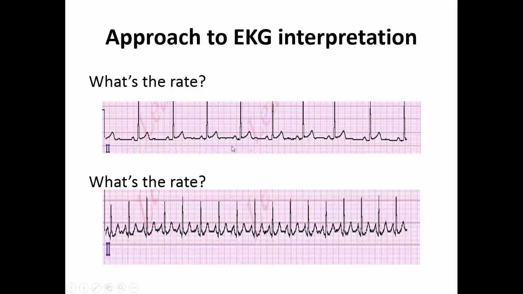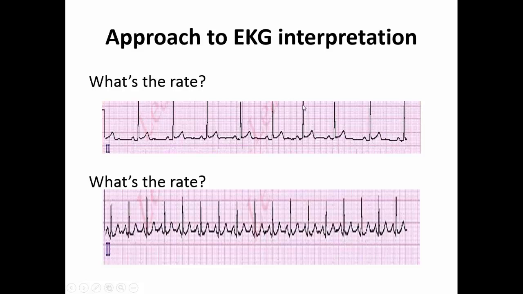So let's take a look at this top strip here. First, it looks like there's a P wave in front of every QRS complex, and it looks like it's pretty regular. We talk about the rate. The rate is going to be essentially the time between the two QRS complexes. Let's find a QRS complex that lines up directly on one of the big boxes.